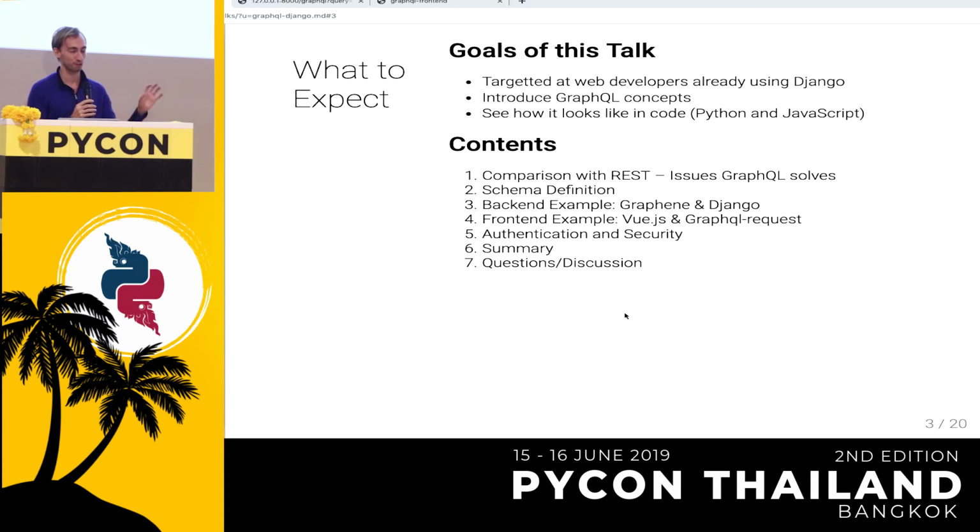We will look at how it looks in the Python backend, and how it looks in the JavaScript front end. And last, I will also be talking a little bit about how you can add authentication and security, because security in GraphQL is a little bit different from security where you have access rights for one endpoint, but we'll come to that.